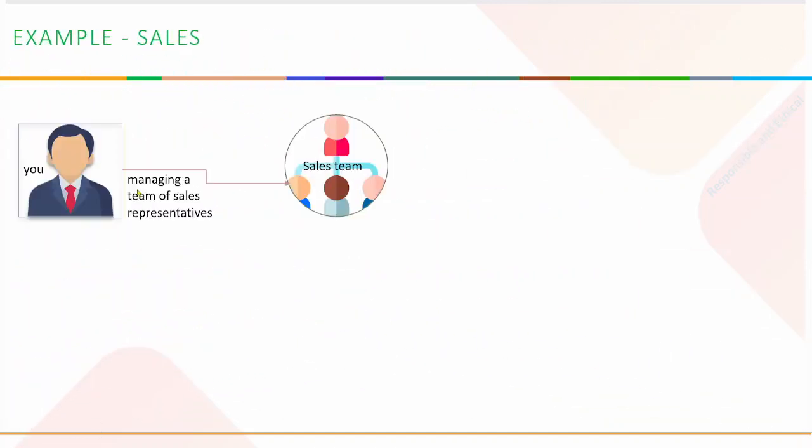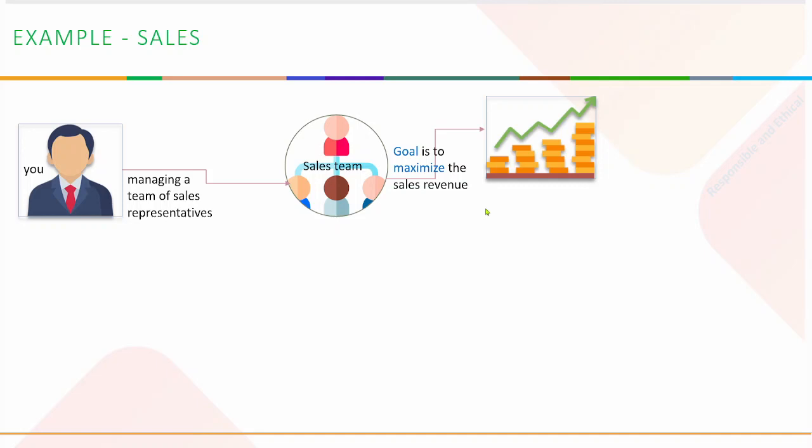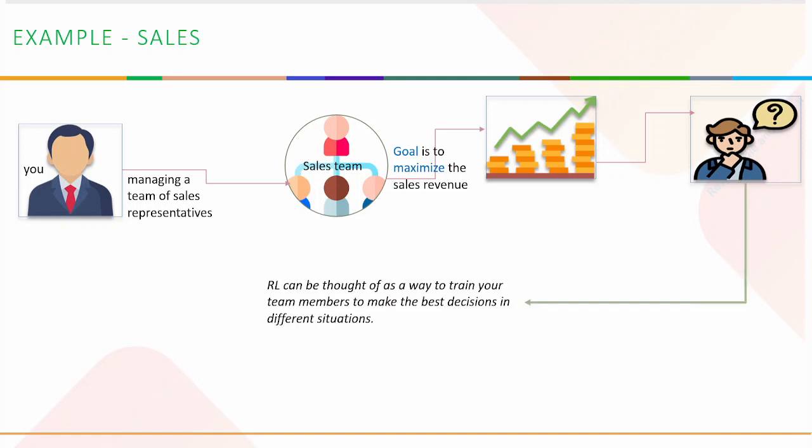Let's see some examples here. Let's say sales. Let's say you are a manager, you're managing a team of sales representatives, and you have a team of sales personnel. So the goal is to maximize the sales revenue. Now, how can the salesperson maximize the sales revenue? RL, or reinforcement learning, can be thought of as a way to train your team members to make the best decisions in different situations.